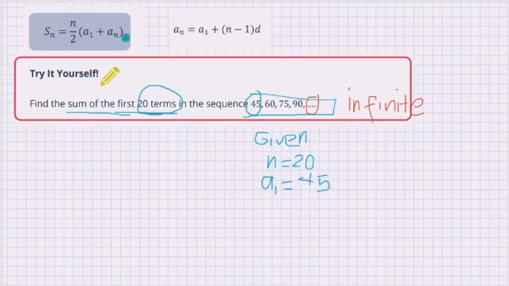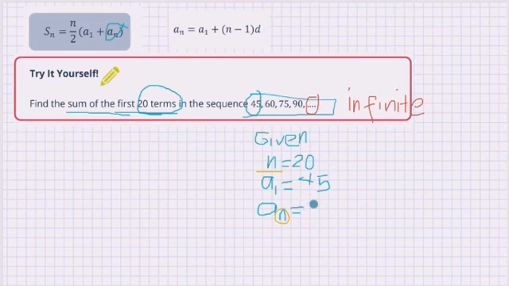Okay, and we have the nth term, which is equal to the number of terms, which is 20.